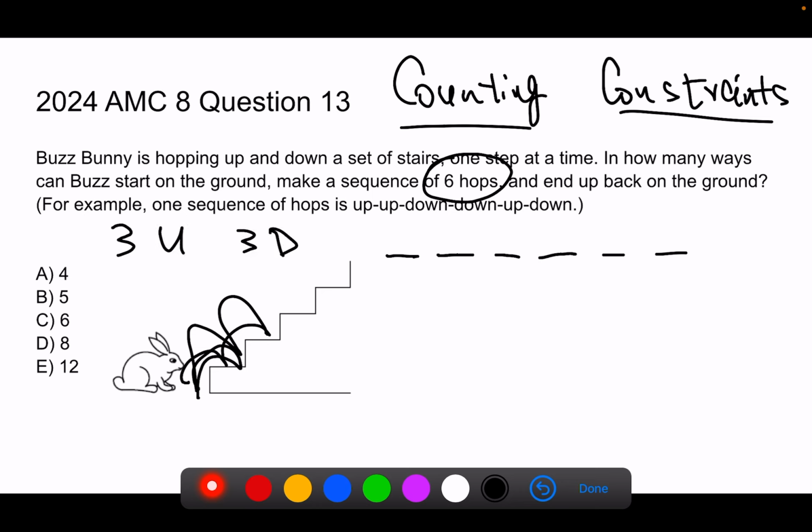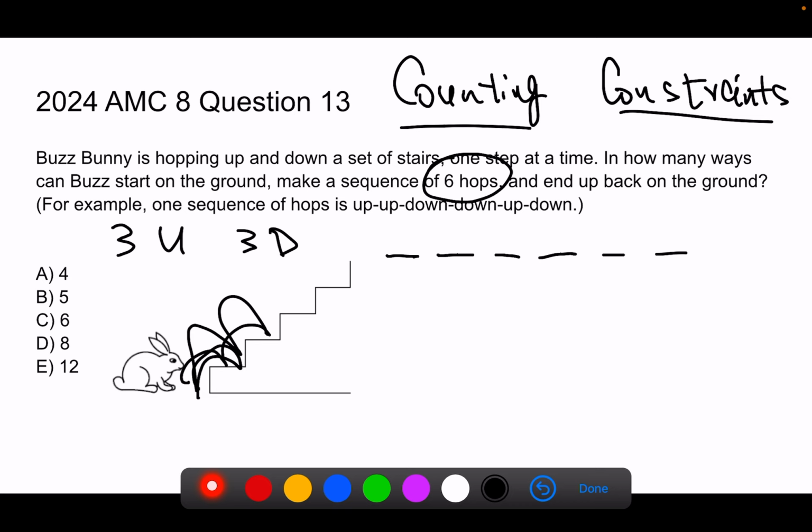Equal number of moves up and down so that I'm back in the initial position. So could I say, hey, look, you have 6 moves, just pick any 3 of them to be up and the remaining to be down, then this question is completed? Not really. That's where the constraint comes in.